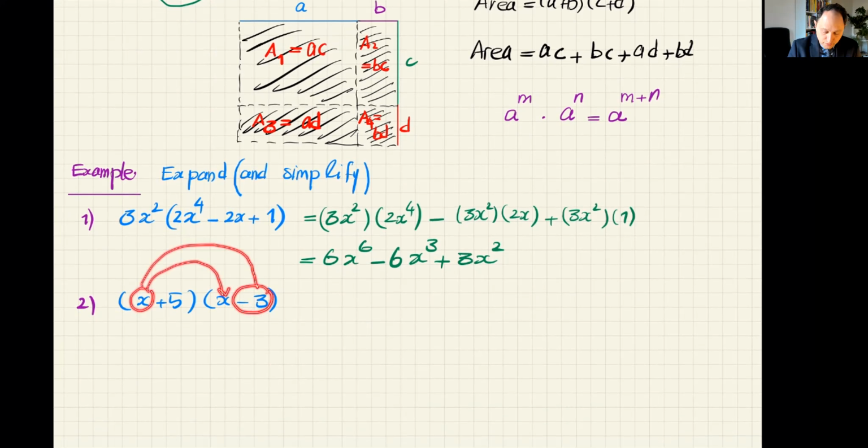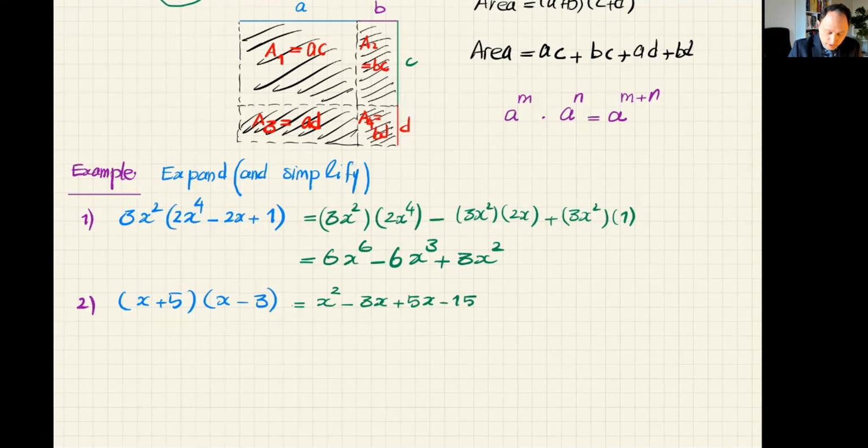After this is finished, I will go back and do the same thing with the second term. The first one, what I write with green, is the solution. So this becomes x squared minus 3x plus 5x minus 15.